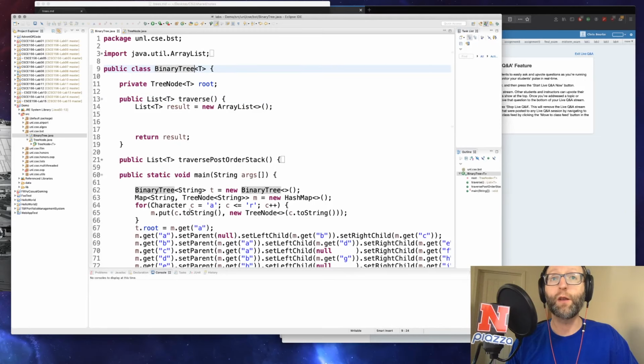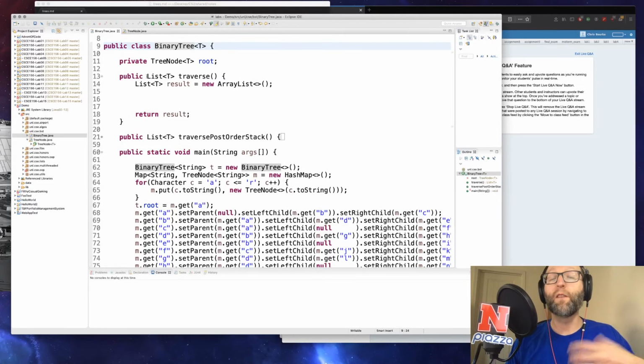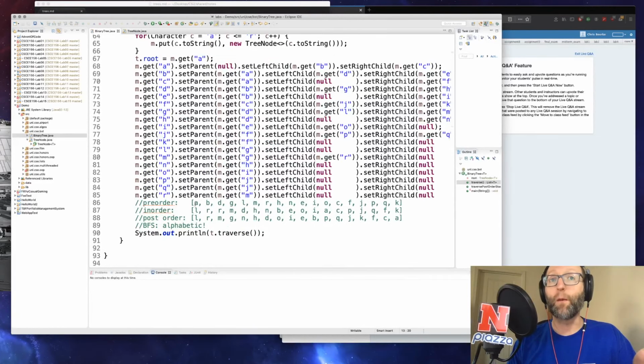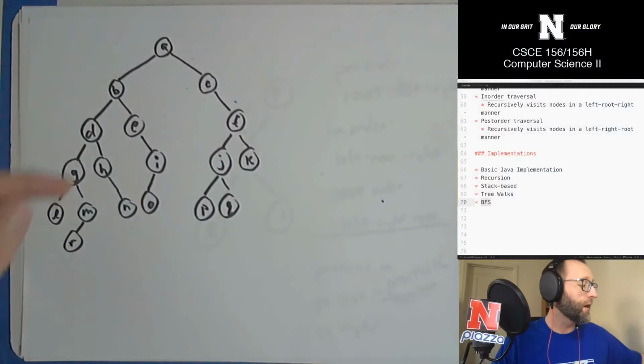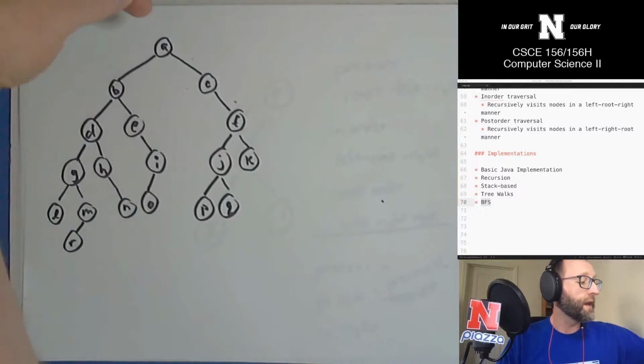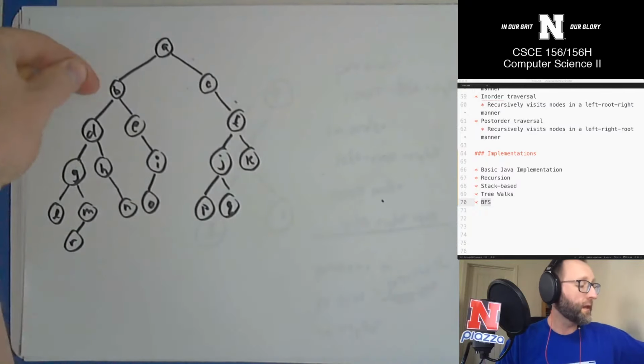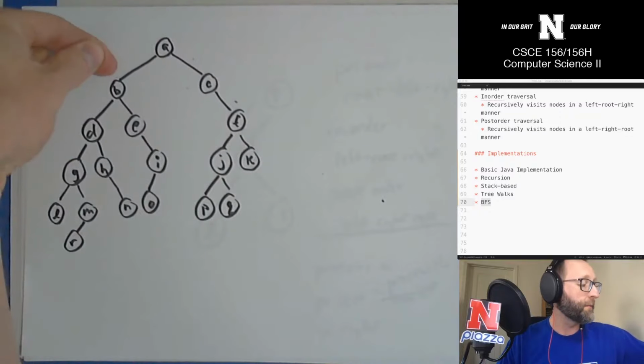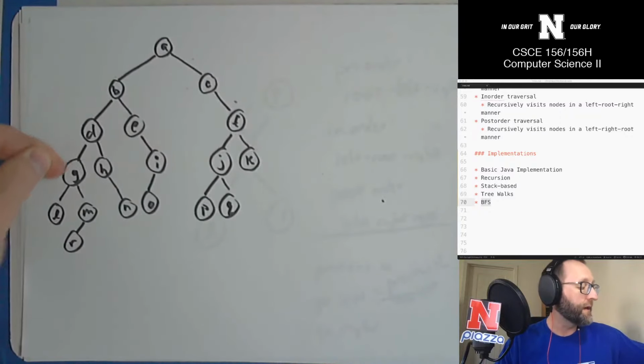So I've set this up so that I'm traversing the binary tree, and the way I give my answer is I build up a list. In a preorder traversal, I would add A to the list, then B, D, et cetera. Just remember, a preorder traversal visits the root, then the left, then the right. So I would go A, then B, then D, G, L. And then I would come back up.